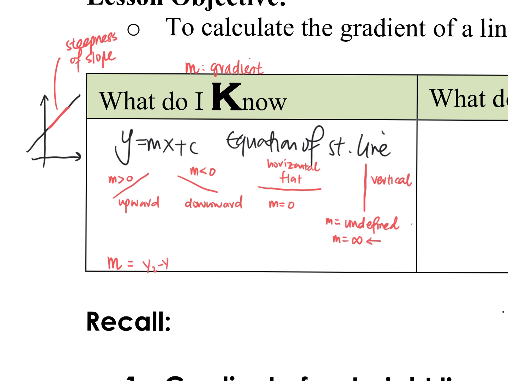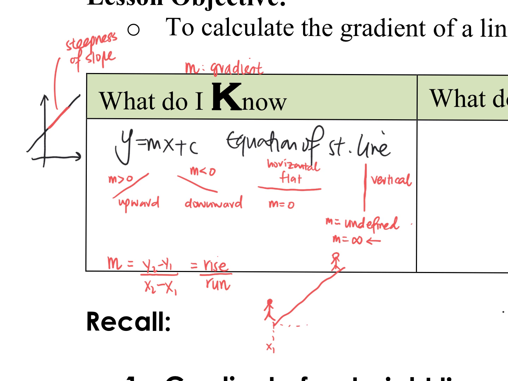Y2 minus Y1 over X2 minus X1. Yeah, this one. Okay? Or some of you might have learned rise over run. So meaning if you are this person running up the slope to this point, so this is at x1.